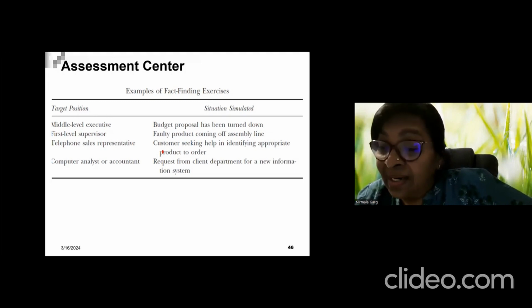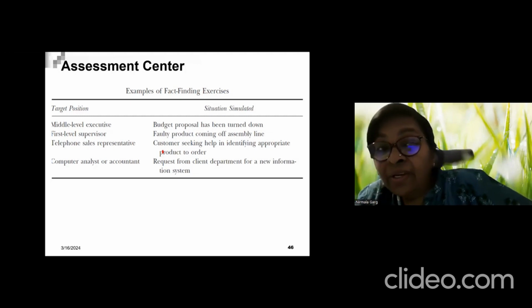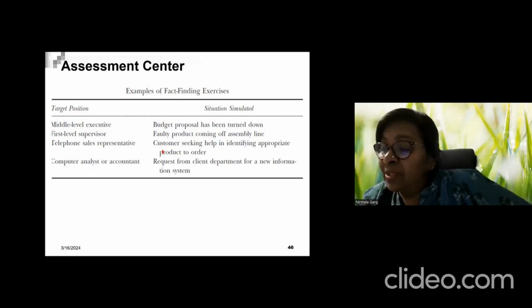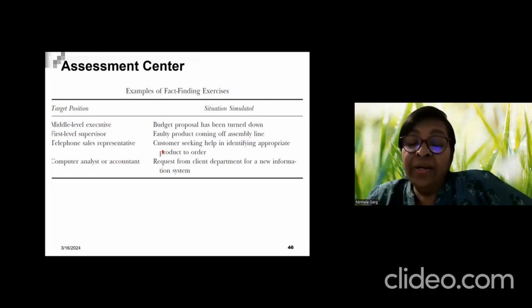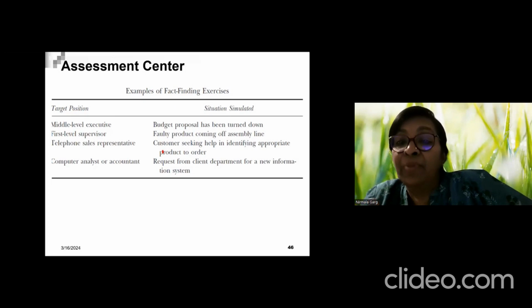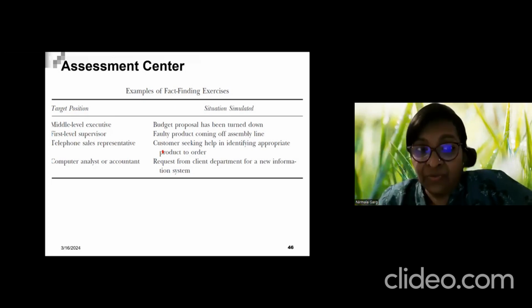Unless we understand them, we cannot build exercises to that extent so that the candidate or the employee can demonstrate, and we can see what kind of behaviors will be demonstrated. That's the underlying message for you.